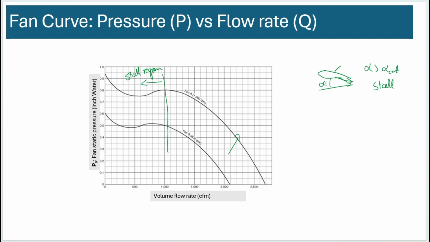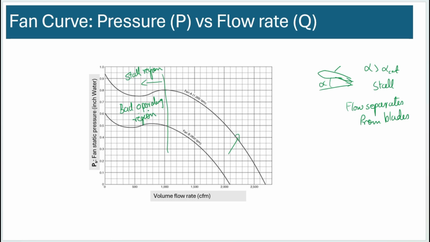There will not be any more lift. The flow separates from the blades, and it is not able to generate good flow. There's a lot of turbulence, so you don't want the fan operating here. This is a bad operating region.